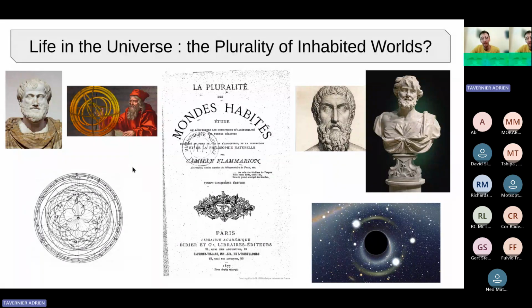On the other side, you had Democritus and Epicurus. Democritus was in favor of atoms and also of an infinite universe, one that can harbor a plurality of inhabited worlds.